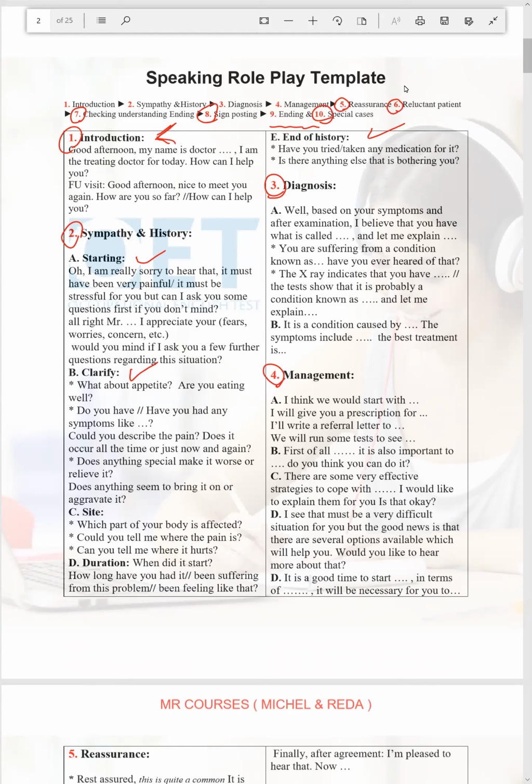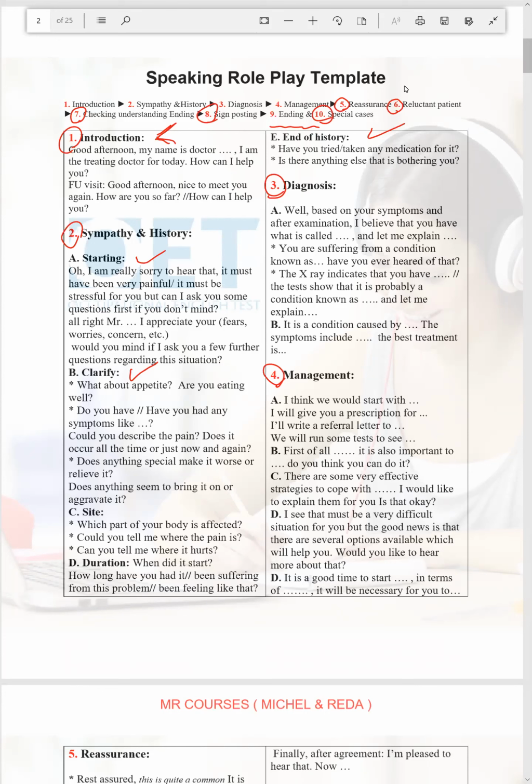So you will ask about the name in case of the first visit. The interlocutor will not tell you about this; you will discover this in the card, and we will see this later. You will tell him, good afternoon. My name is Dr. Nidhi. I'm the treating doctor for today. How can I help you?